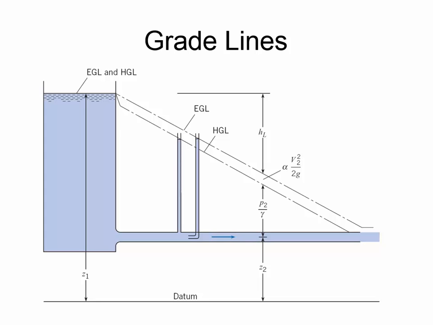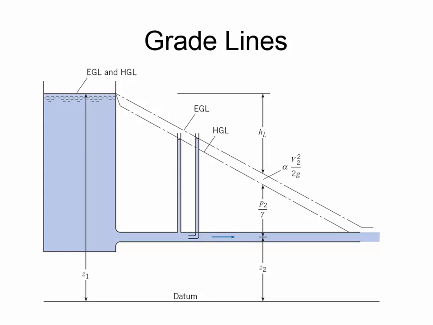As you'll notice from the image on screen, EGL stands for energy grade line. HGL stands for hydraulic grade line. The energy grade line is always above or on top of the hydraulic grade line. The hydraulic grade line is never the one that's on top. The reason for that is the definition of the two.